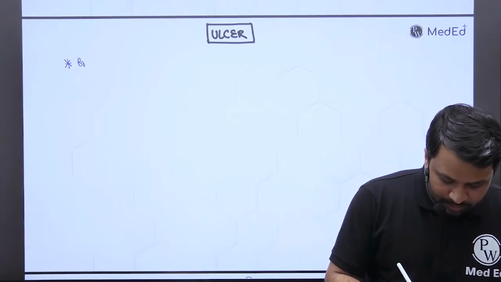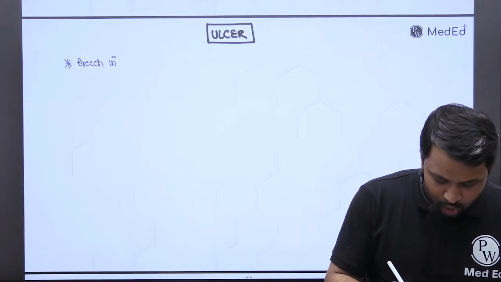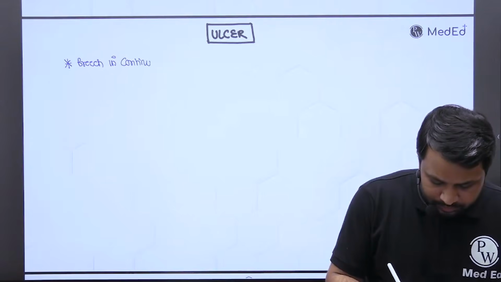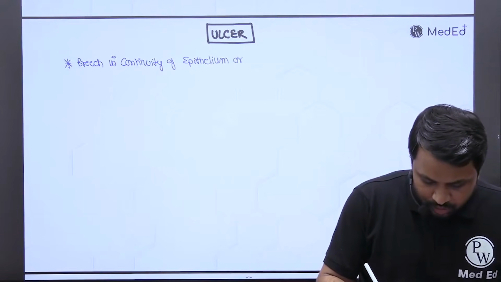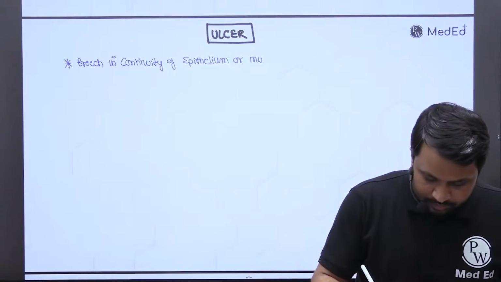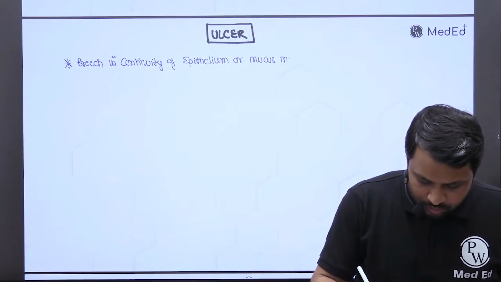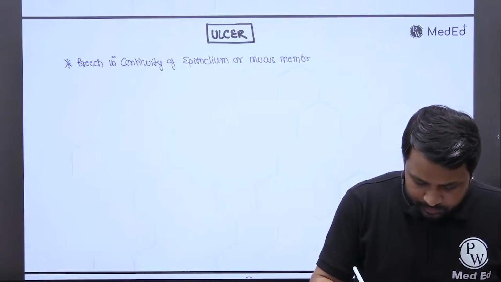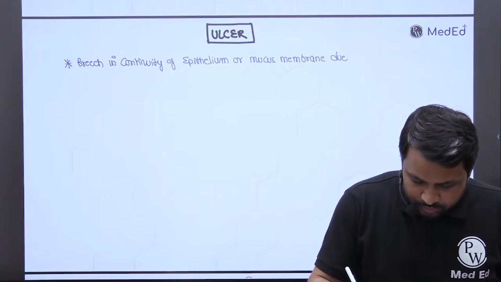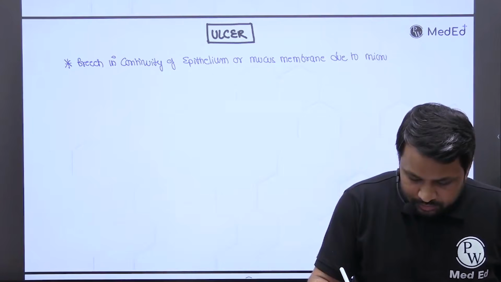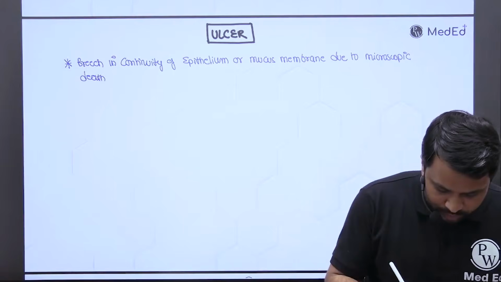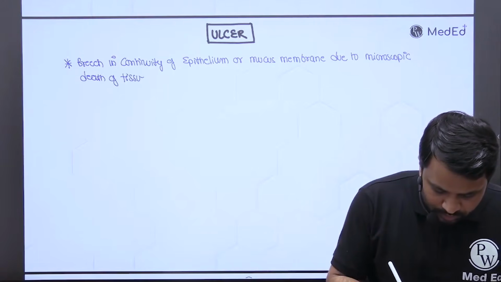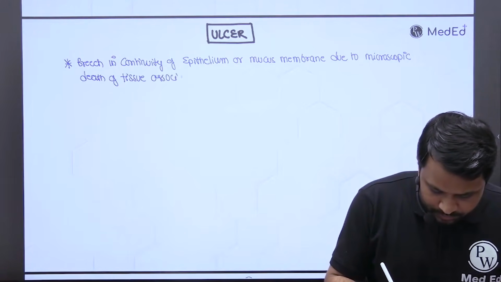Ulcer is a breach in continuity of an epithelium or a mucous membrane, due to microscopic death of tissue associated with necrosis.